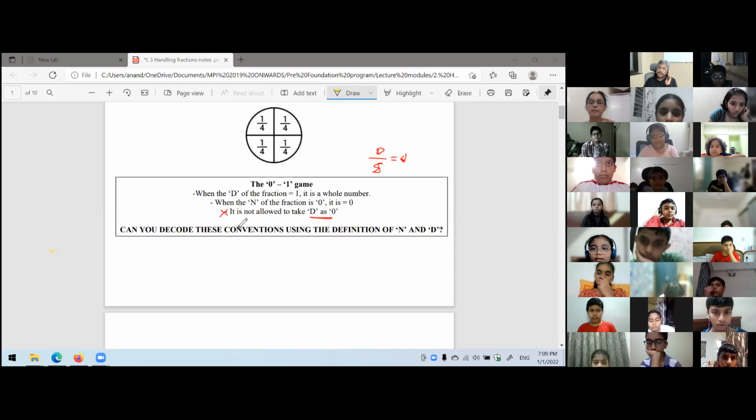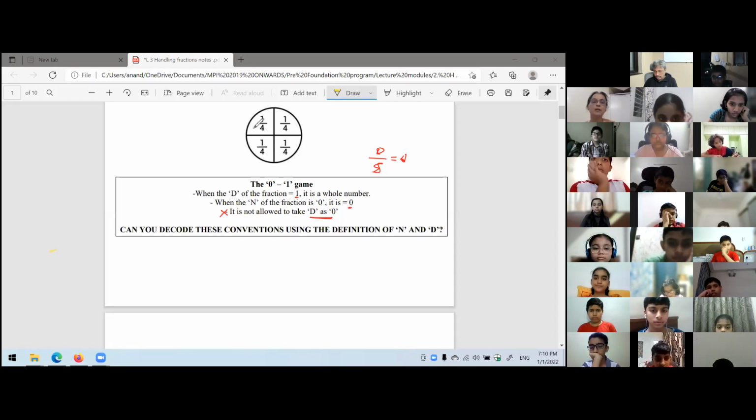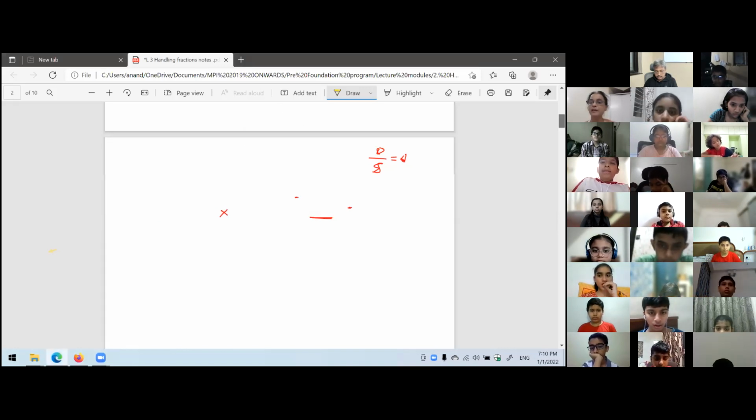But we need to understand when we write 1, when we write 0, what becomes the value of the fraction. So I have already done this for you. You can again do it at home, decoding the meaning of numerator and denominator 0 and 1 as we move ahead with the fractions.